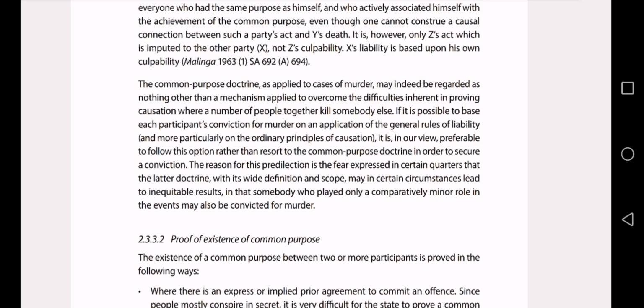If it is possible to base each participant's conviction for murder on the application of general rules of liability, and more particularly on the ordinary principles of causation, it is, in our view, preferable to follow this option rather than resort to the common purpose doctrine in order to secure conviction.